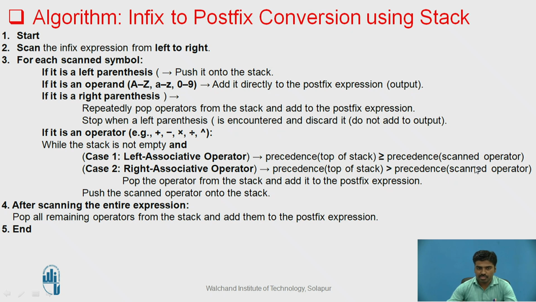Otherwise, you push the scanned operator onto the stack. You have to remember the right associative rule. For example, raise to is a right associative operator, so you check for the same precedence: in left associative you pop the elements, and in right associative you simply push the element onto the stack.